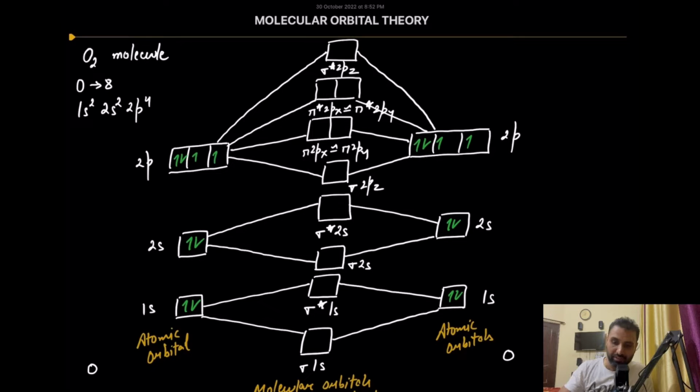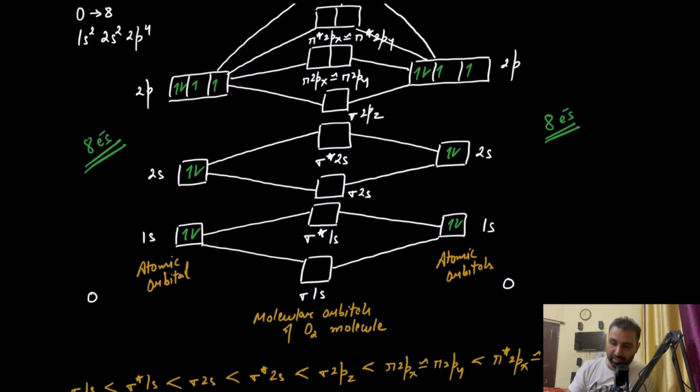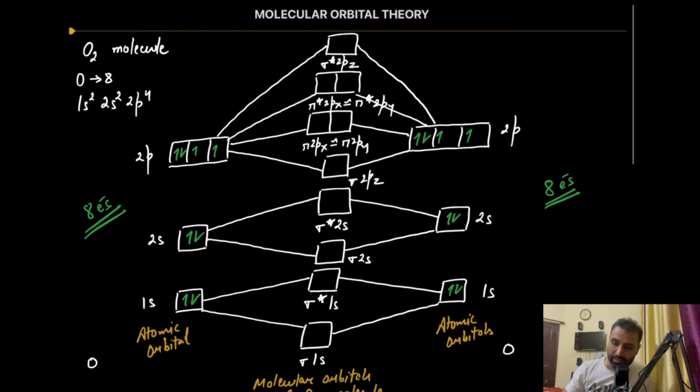Now we are having in total of 8 electrons with the first oxygen and 8 electrons with the second oxygen. That means we have to fill total of 16 electrons in molecular orbitals of O2 molecule according to the energy order of the molecular orbitals.